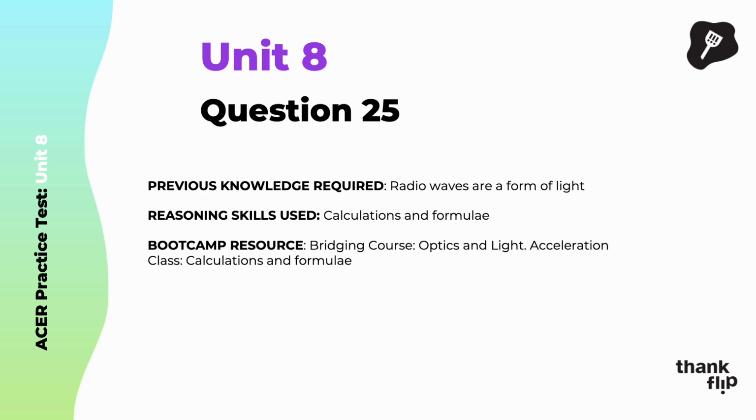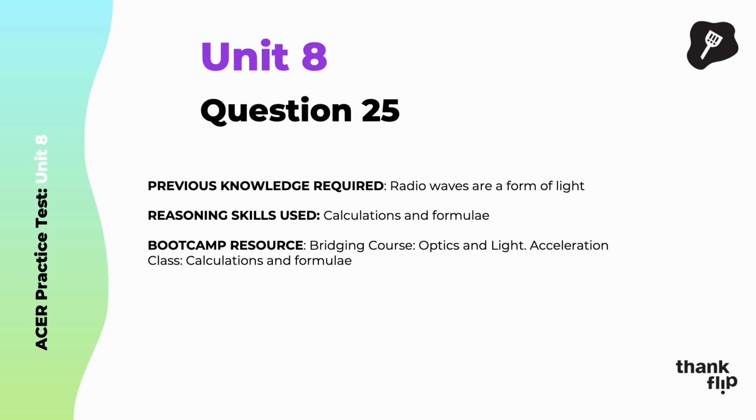So for this question, you did need to know a little bit that radio waves are a form of light so that you'd be able to use the light year formula for this calculation. However, even if you didn't know that, there's enough information there for you to infer because the values and formula that you're given are limited.